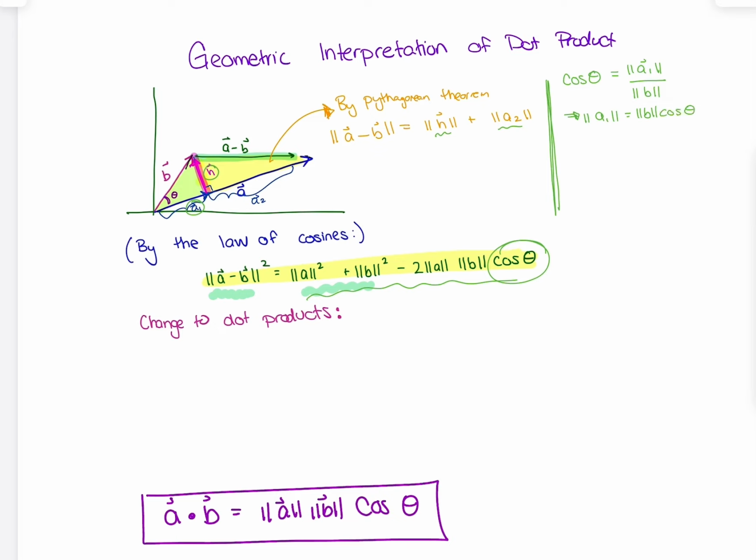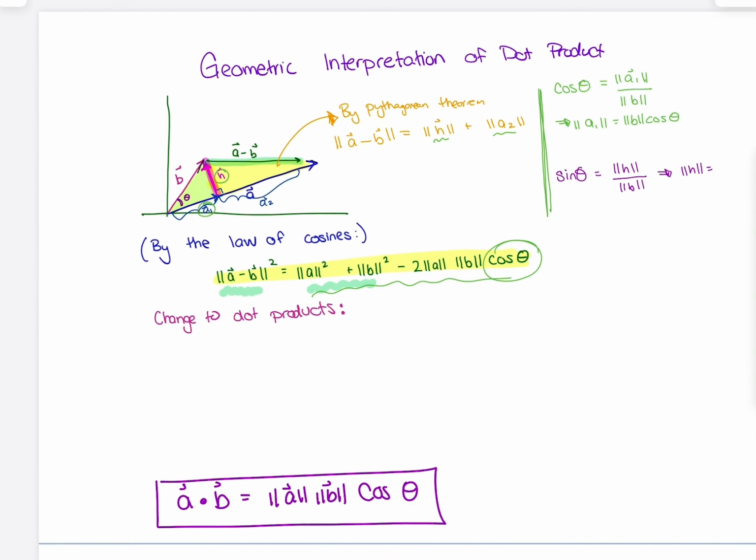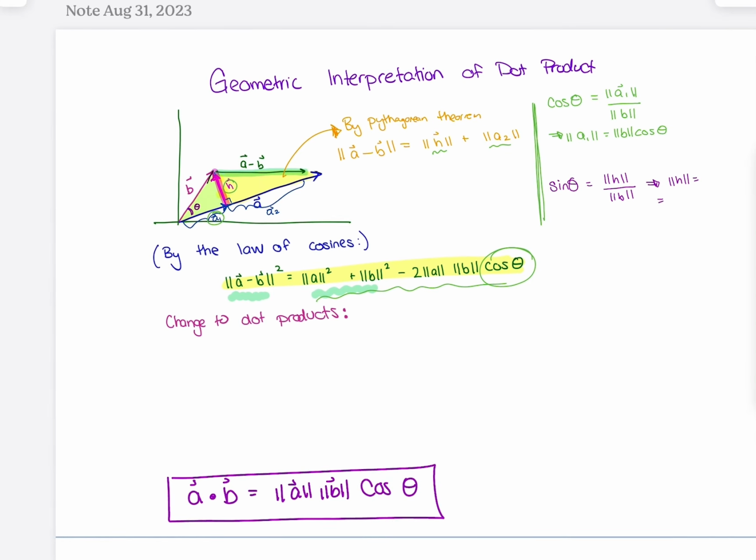And then separately, I have that the sine of theta equals the magnitude of that H vector over the magnitude of B, which means that the magnitude of that H vector is equal to the magnitude of B sine theta.